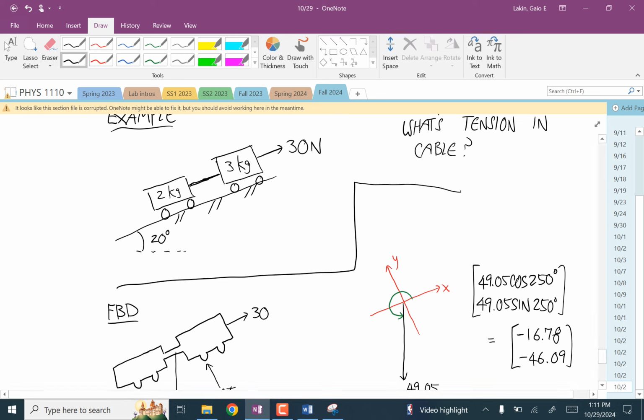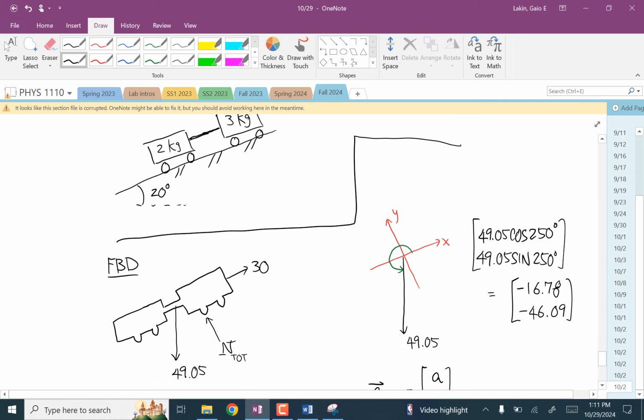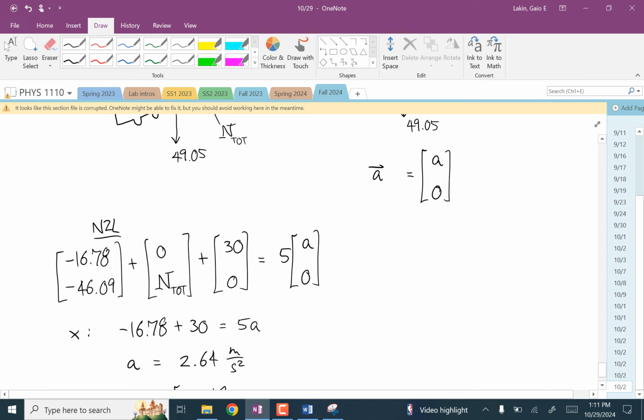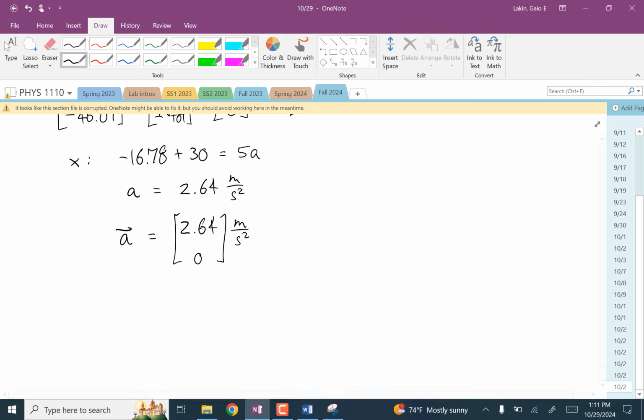But if you want, some people try isolating the 3 kilogram, and what you'll see is that T comes out the same. So I guess what I'm going to do is isolate the 2 kilogram. Take a couple minutes. We don't have a ton of time left, but see if you can calculate that force T before we run out of time.